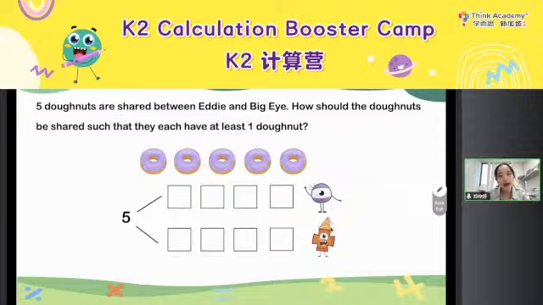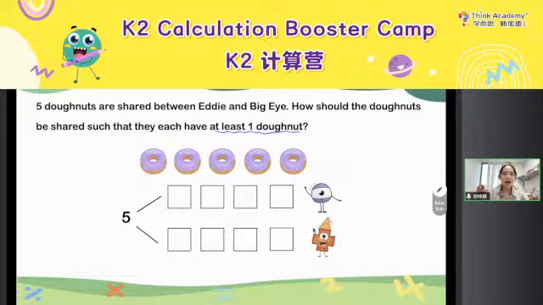So Big Eye and Addie are here. How should the donuts be shared such that they each have at least 1 donut in hand? Oh, so I can see that when I give them the donuts, each of them must have at least 1 donut in here.